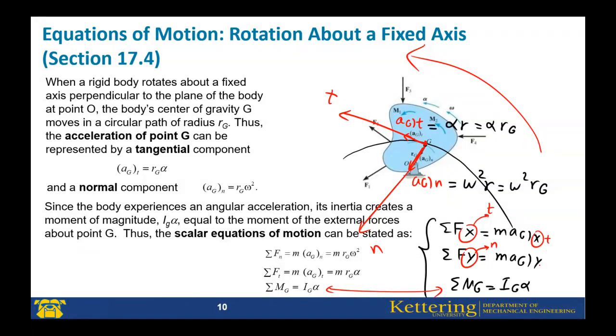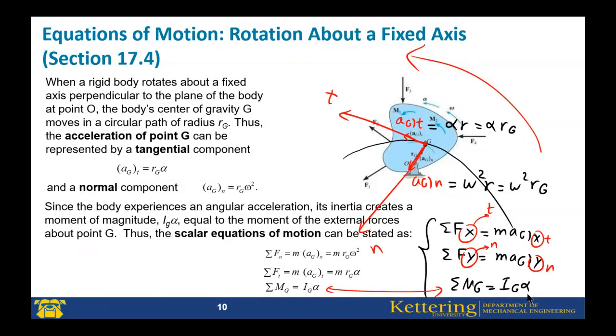Also here, we have the acceleration on t and the acceleration on the normal. I just substitute the acceleration about G, RG alpha, and the acceleration about the normal, RG omega squared. This is the only difference. That's it.